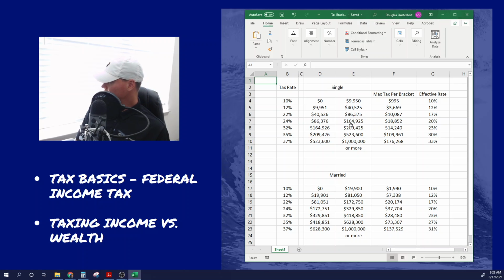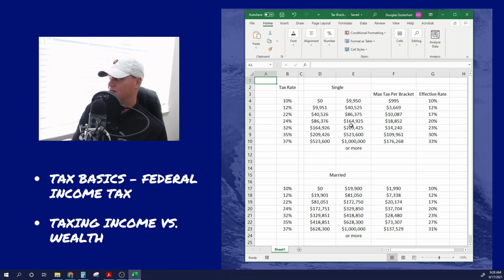So that said, another misconception is about these brackets, right? For example, the 10% bracket, 0 to $9,950 for a single person, that bracket alone is taxed at 10%.